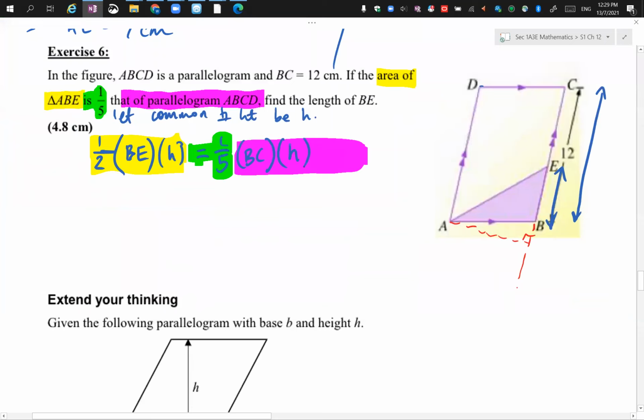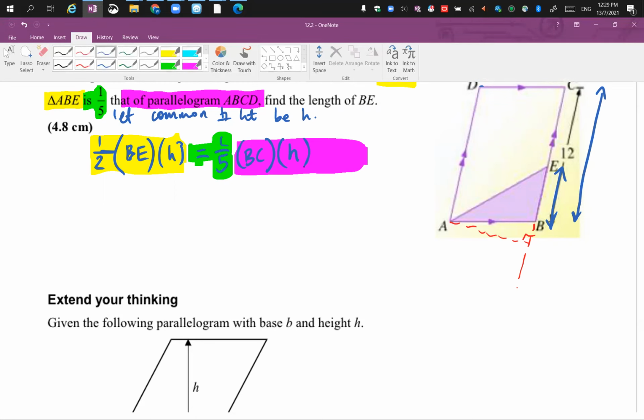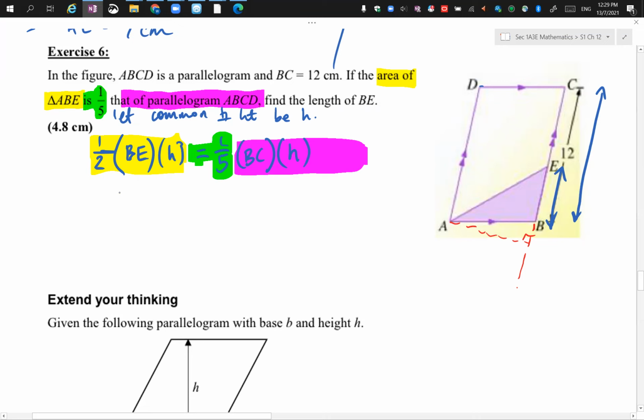That is what I want to see. I want to see a common height, H, H, so that I can cancel it. If you didn't use common height, you're going to end up with 2 more unknowns, H1, H2. Makes things worse for you. Now, with this, we can cancel. When I say cancel, I mean divide by the same number on both sides. I'm going to divide by H on both sides, resulting in half BE equals 1/5 BC.